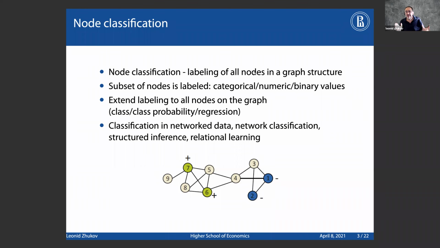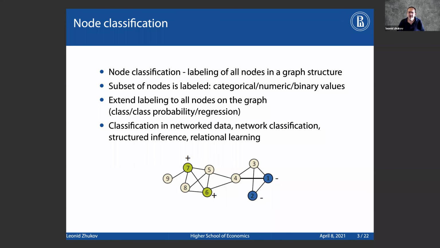So it's actually the question of extending labeling from the subset of nodes to the rest of the nodes on the graph, and those labels can be a class, right? Belonging to a particular class. It could be the probability to belong to a particular class, or it can be a regression problem when we try to find a numerical value associated with a node.